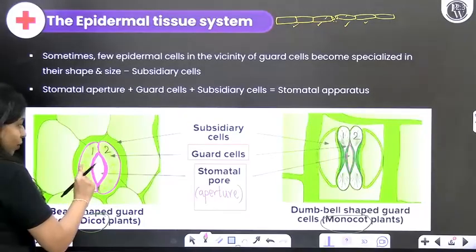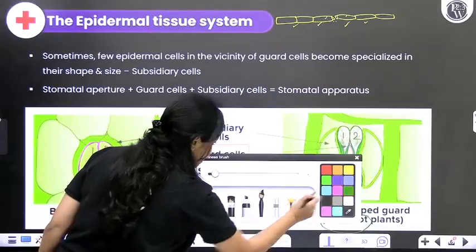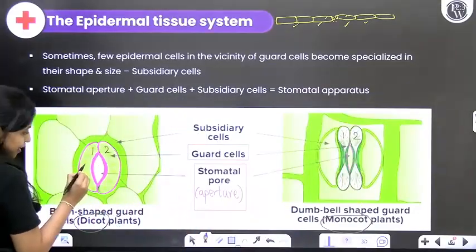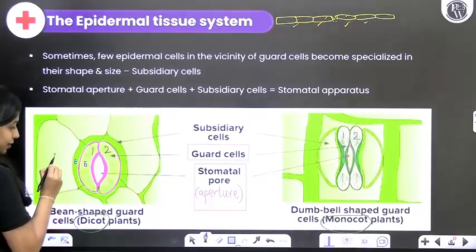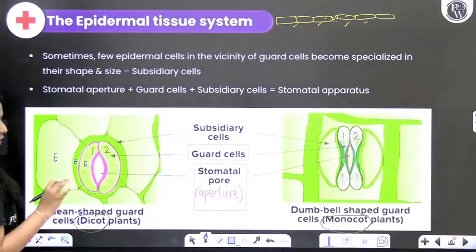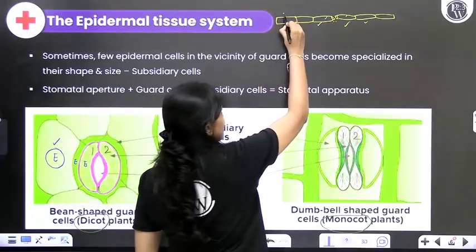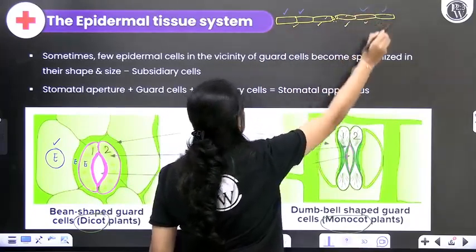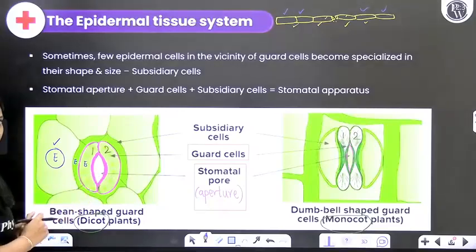Now, surrounding these guard cells, I want you to notice the other cells that are present. Pay attention. This is also an epidermal cell. This is also an epidermal cell. This is also an epidermal cell. Most of your epidermal cells look like this. Okay. Guard cells are specialized. They look like this.